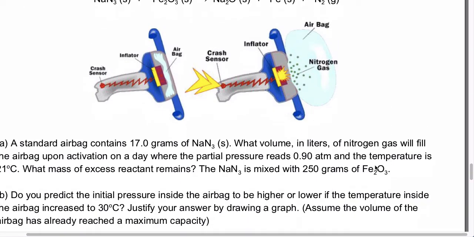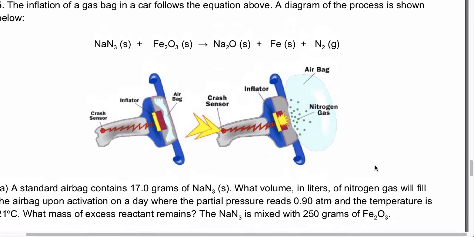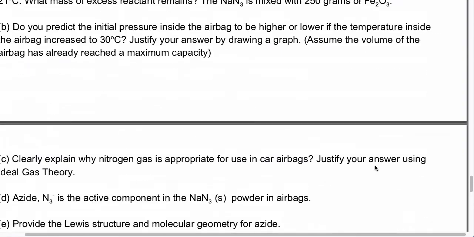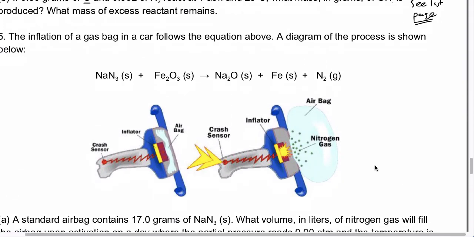So this one here is going to be a tad bit tricky, but I'm going to try my best to do the ICE table over here for this one. Okay, so we have NaN3 plus Fe2O3 goes to Na.